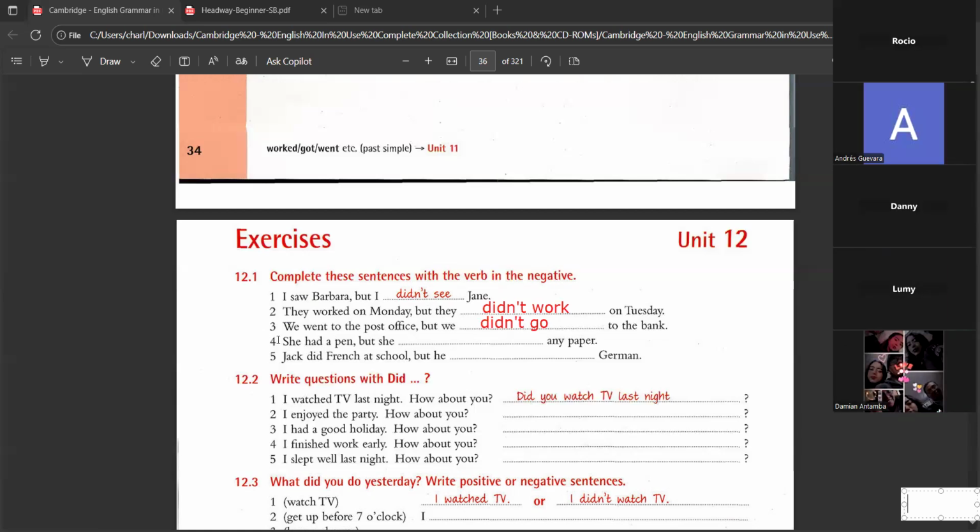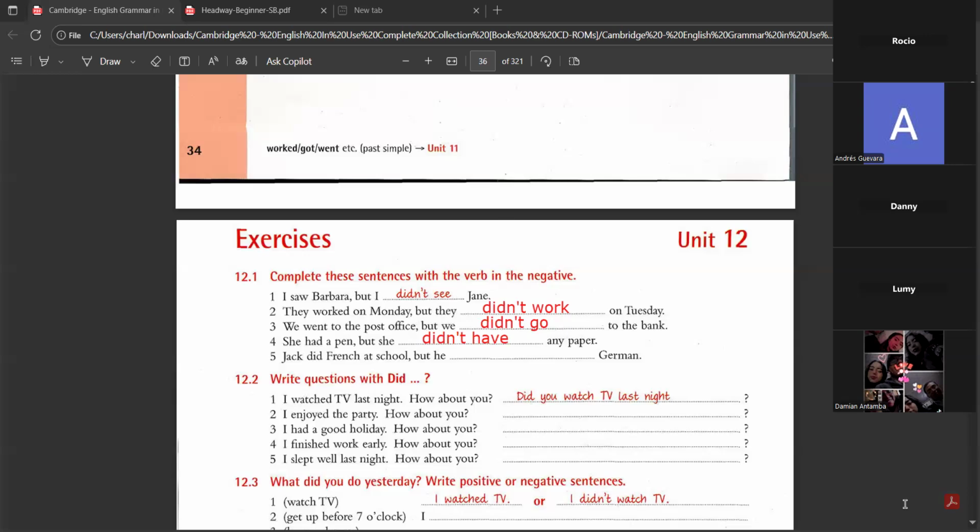Lumi says she had a pen, but she any paper. She had a pen, but she didn't have. Remember, infinitive have. Didn't have any paper.